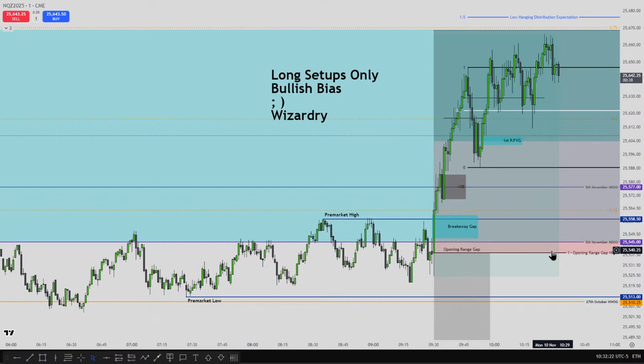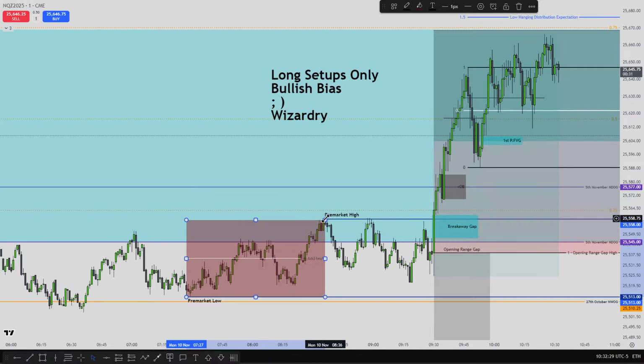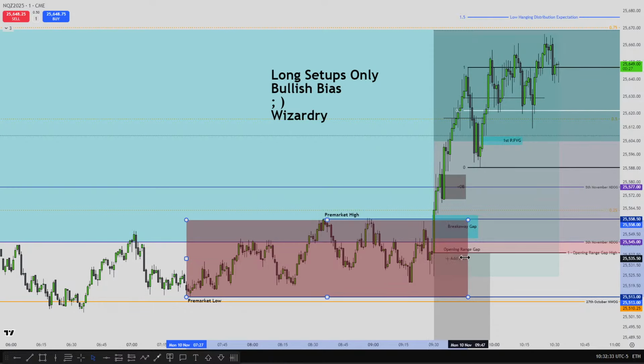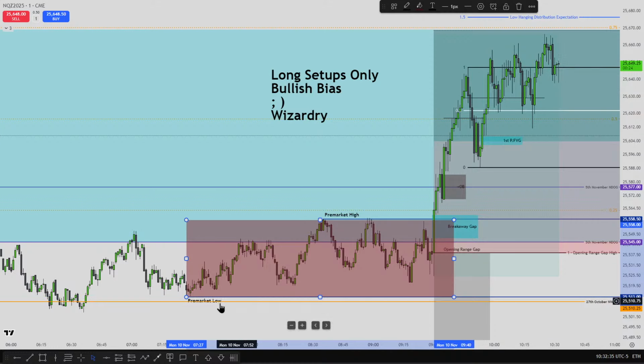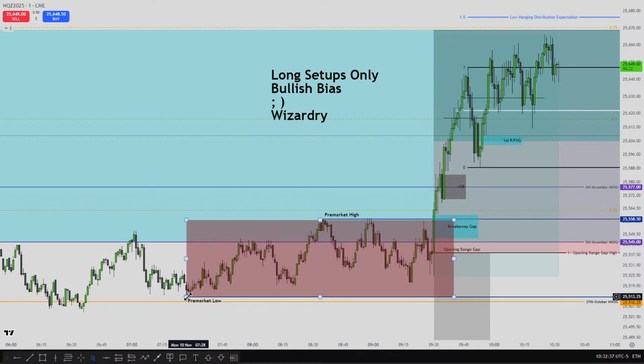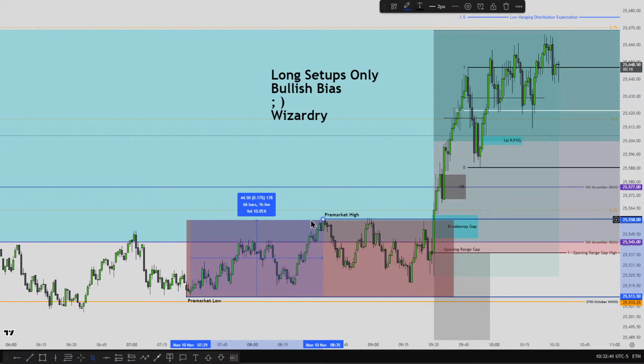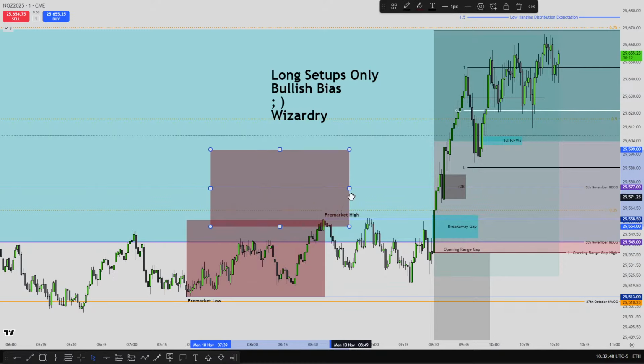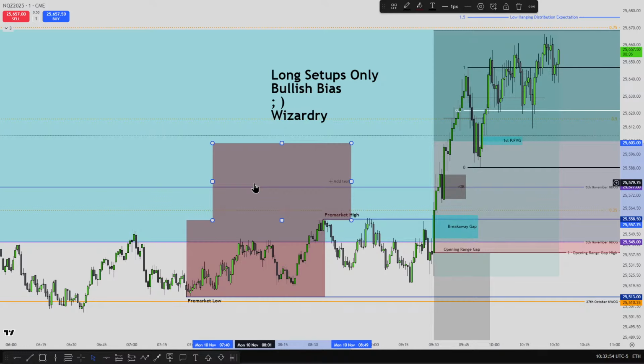Let's do a little experiment. Pre-market range, let's do this. 45 handles, call it. Okay. This is the measured move. This is one standard deviation. Because you're taking this range, you're doubling it.